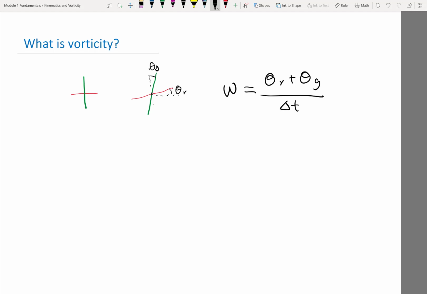So, for example, if the vorticity is exactly 0, actually the angles are... Did I put it in the wrong way? Theta in this direction, theta in this direction. It's actually minus. Sorry. This actually has to be minus.